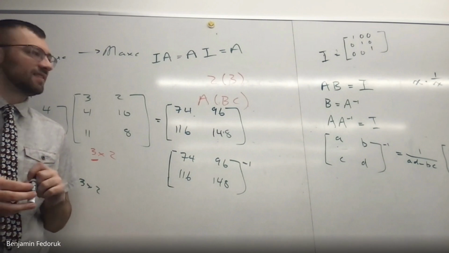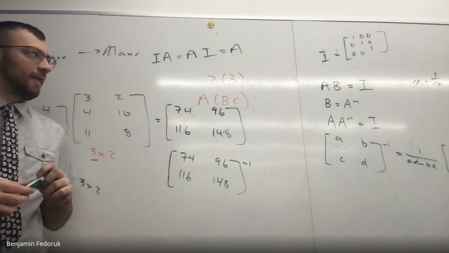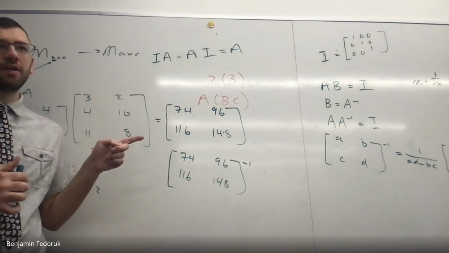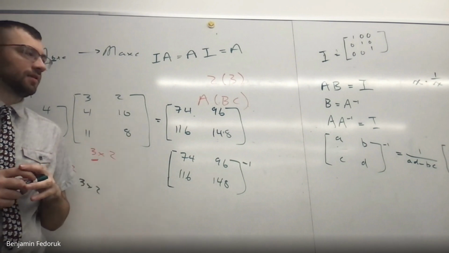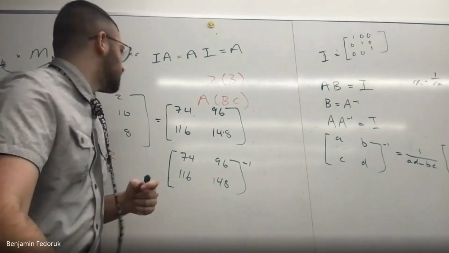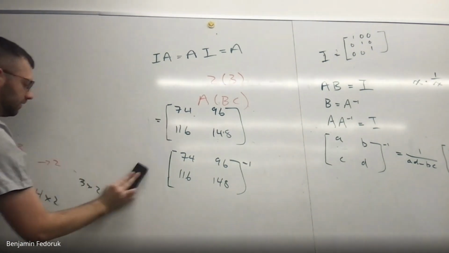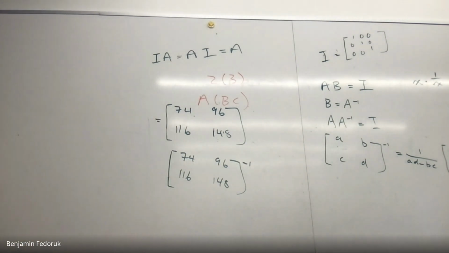What would it look like for a larger matrix? That's a really good question. It does not in general follow this rule. Maybe I'll introduce this because it's kind of cool since you asked. You'll learn about this probably next lecture. First off, to find an inverse, it has to be a square matrix.